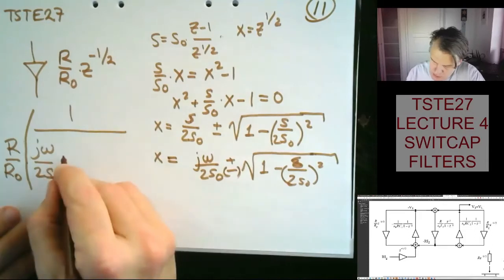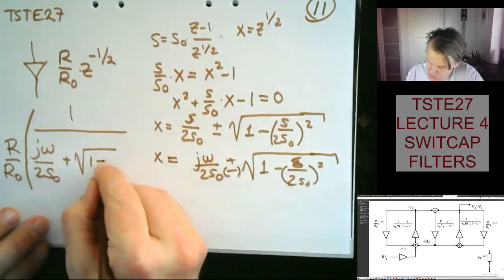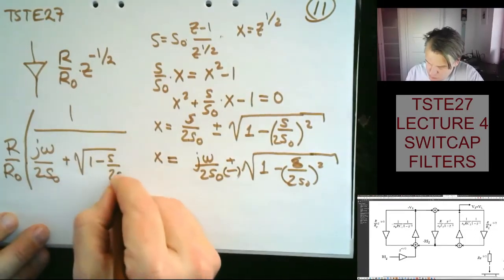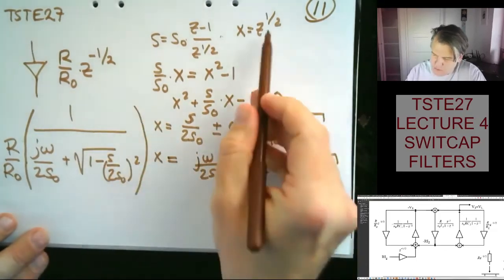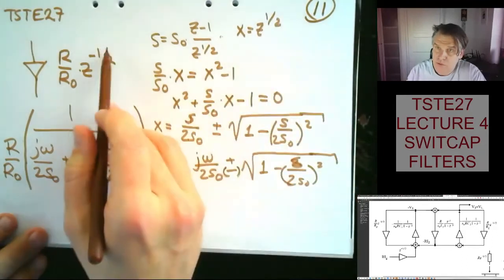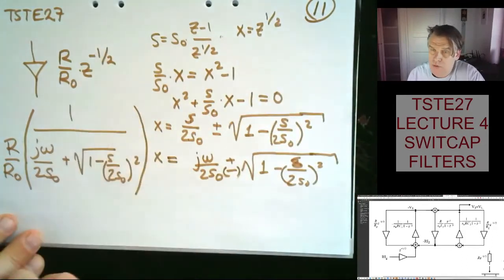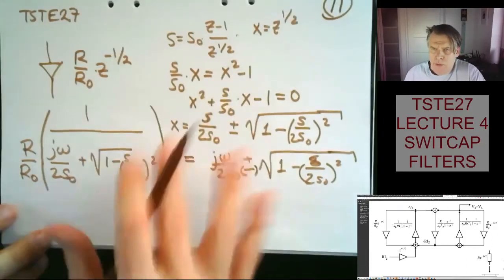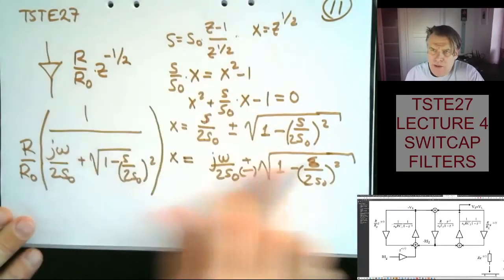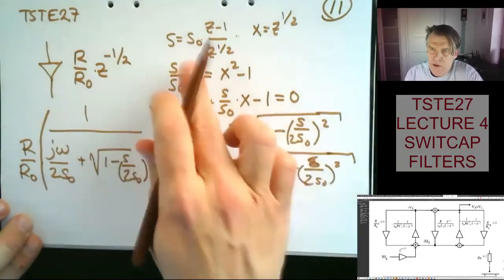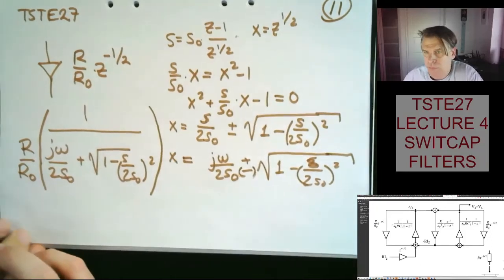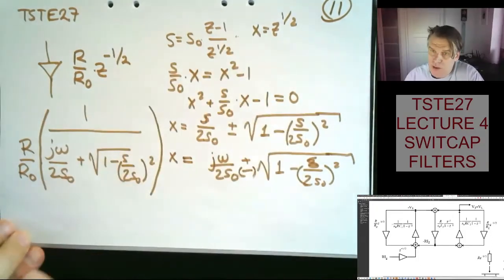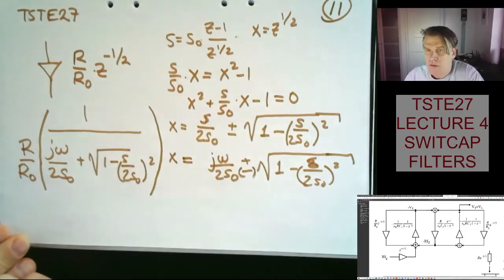So plus the square root of 1 minus S divided by 2S naught squared. X was to the half here. We should multiply with minus half, so 1 over. Anyway, I'm adding these steps just for information. So there are some tools later down in MATLAB in the lab for you. But it's good to know what's happening here and why one does it.